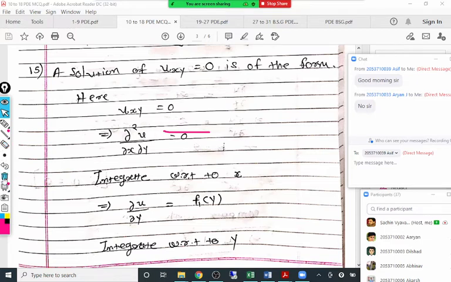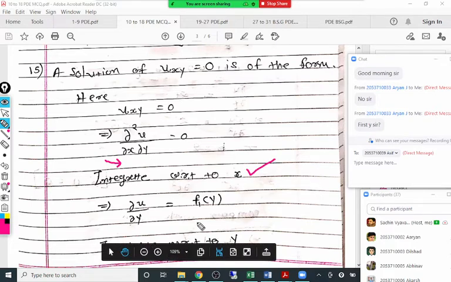So whatever is written by Neil, is it correct? Whether you have to integrate with respect to x first or y first. The one written by Neil is correct actually. Yes, not y. It is x first only.